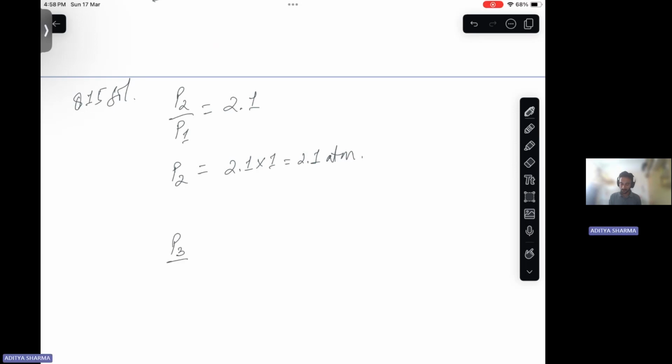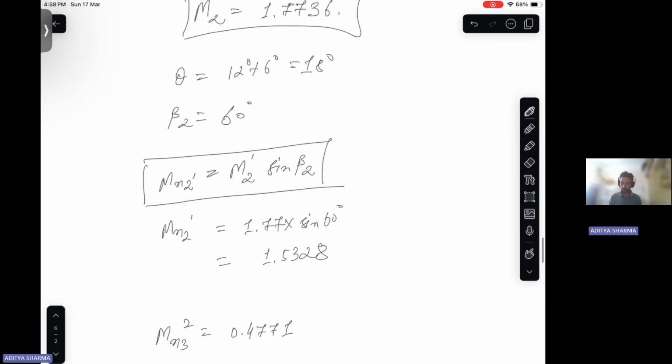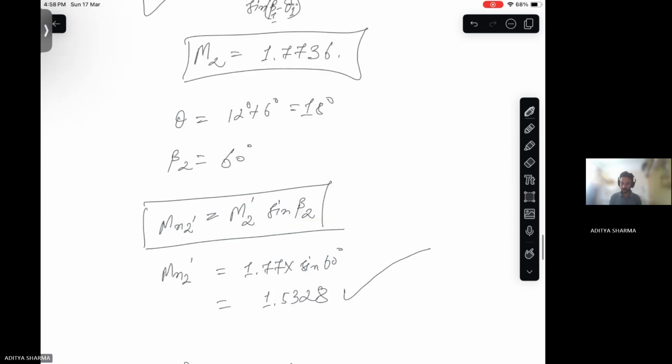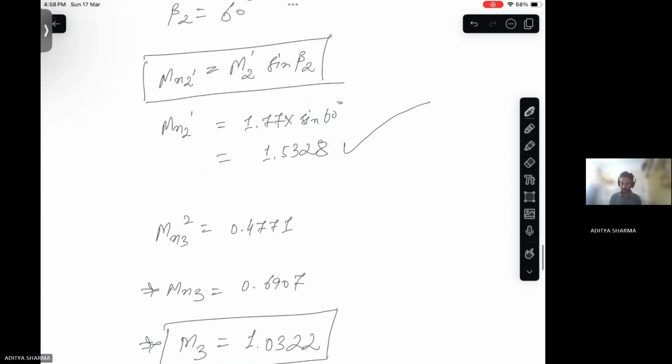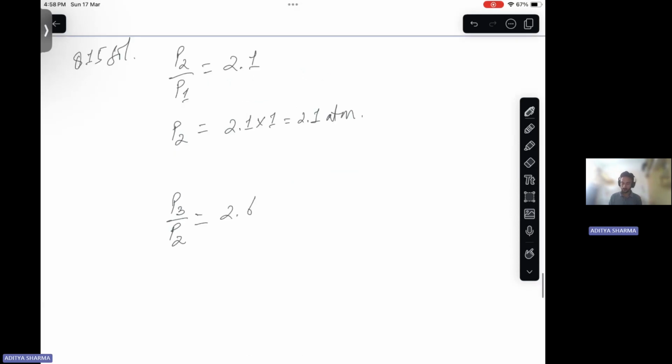So P3 by P2 is given as, for the normal component 1.53, the corresponding pressure ratio is 2.6, right?